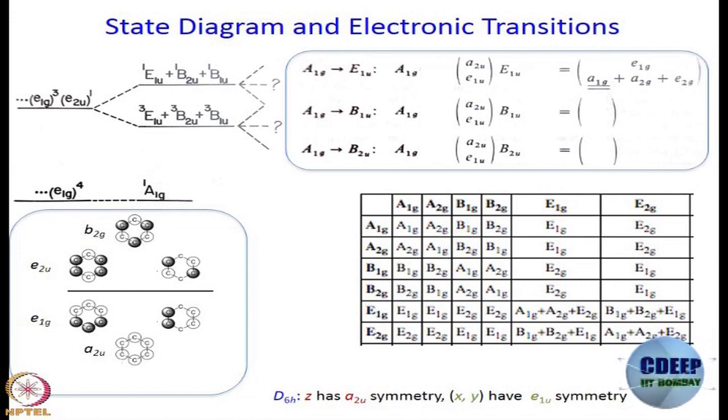What about A2u cross B1u? A2 cross B1, what do you get? B2, and should it be g or u? A2u cross B1u gives B2g, and E1u cross B1u is also E2g.